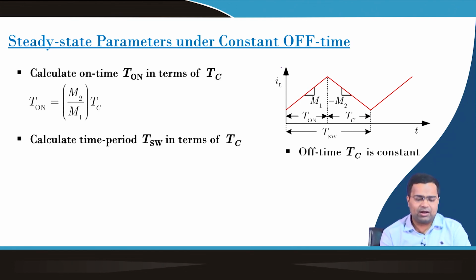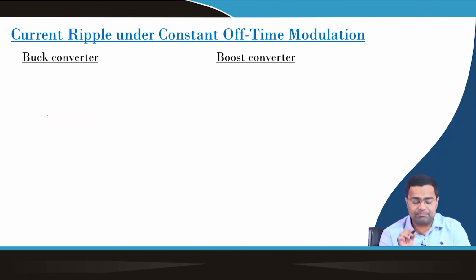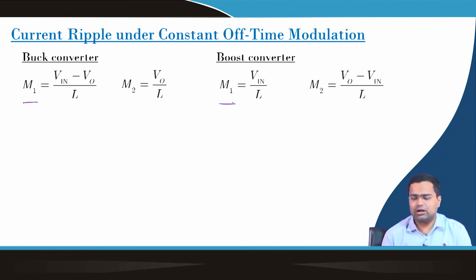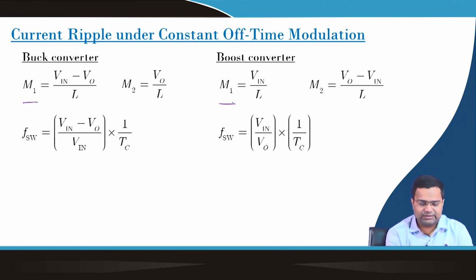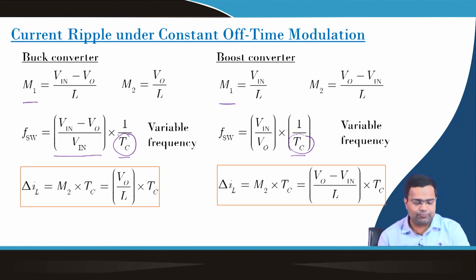For buck converter the rising slope is this, for boost converter is this. We can also show the falling slope, and the switching frequency is a function of input voltage and off time. Sorry, here T off is the off time, and so switching frequency varies with the input voltage.